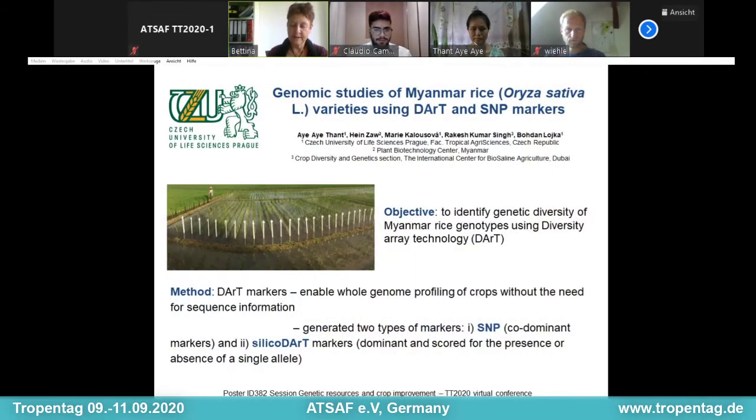If there are no other questions, then we could move to the next presentation from Ethan. Yes. Genomic studies of Myanmar rice varieties using DArT and SNP markers.